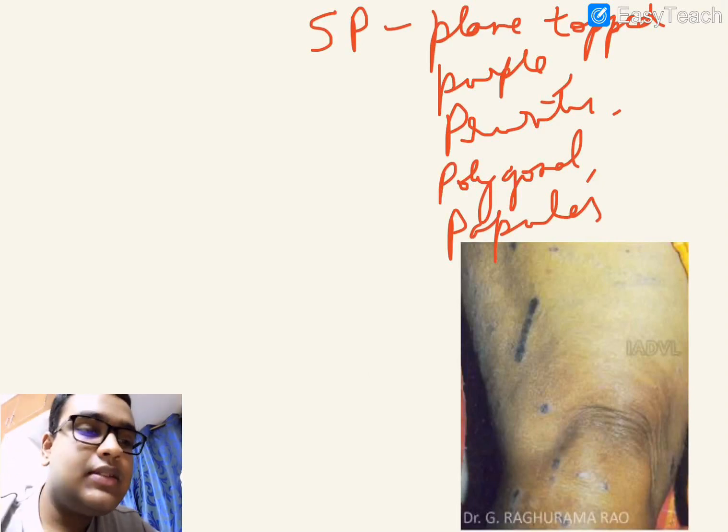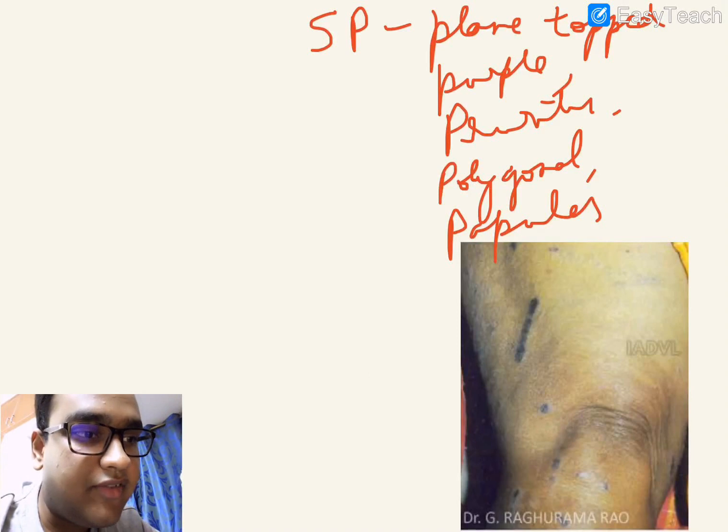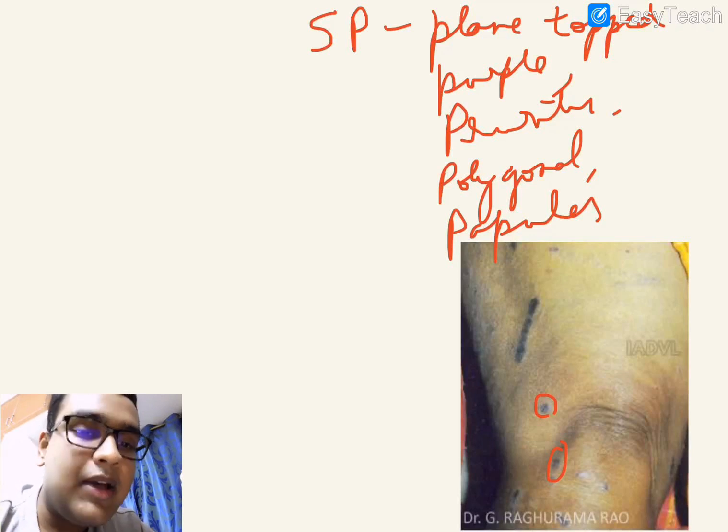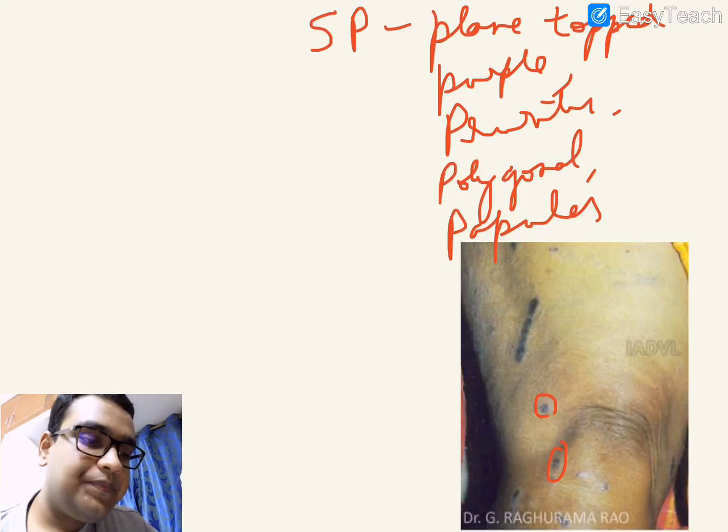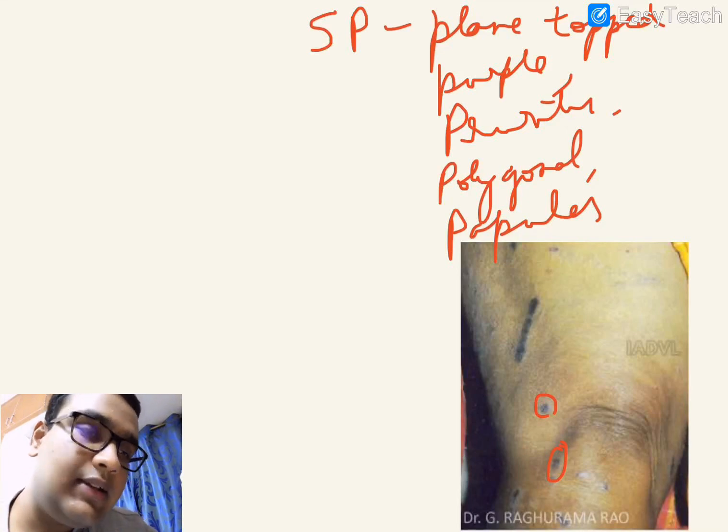So the 5 P's for lichen planus lesions over the skin: as you can see here, they are flat, plain topped, and they are purple in color. They are pruritic, that is they are itchy, they can be polygonal in shape, and they are papules. When you're describing a lichen planus lesion on the skin, these are the points to remember. Whereas lichen planus lesions in the oral cavity appear as white lacy lesions.